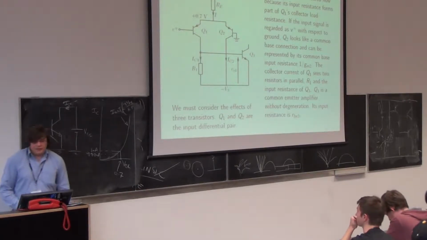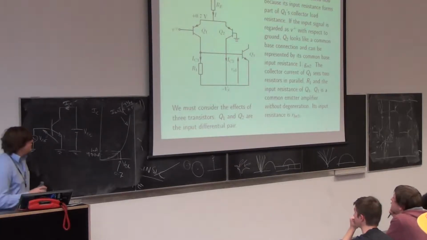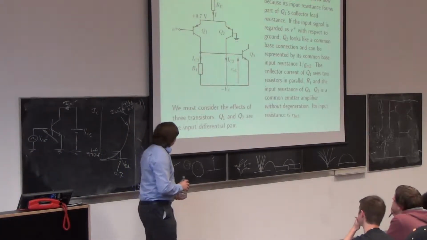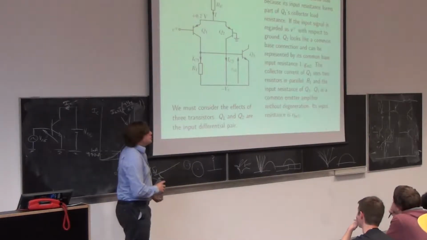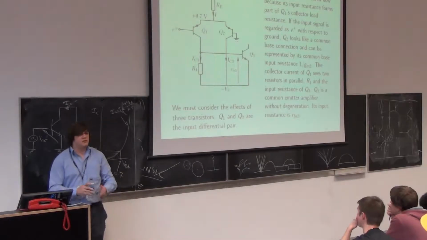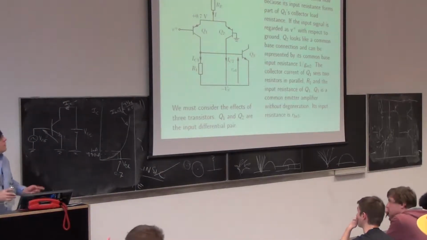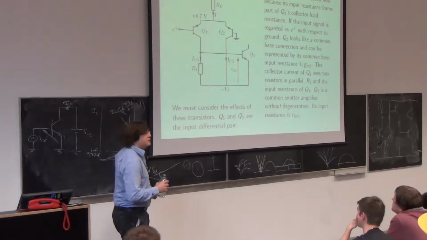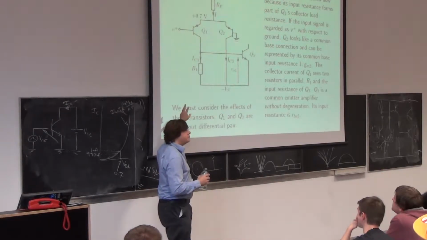So, when we're looking at the differential amplifier, we've also got to worry about Q3, because the resistor that biases Q3 is the same resistor which is Q1's load. So it's not easy to separate them out. In fact, there is a resistance looking into Q3, its input resistance, and that input resistance in a small signal model will turn up near R1.